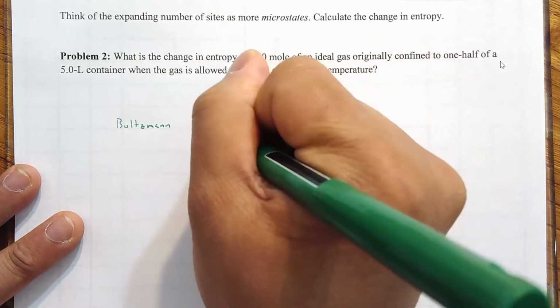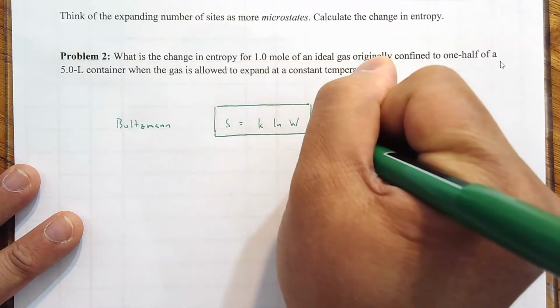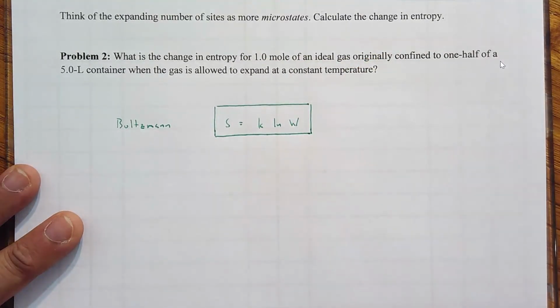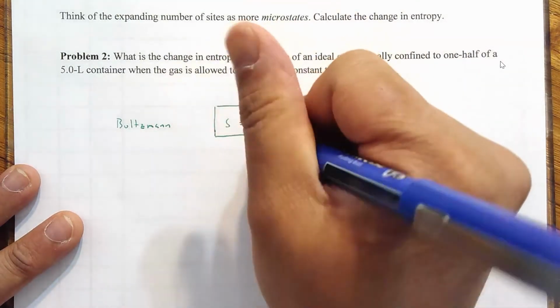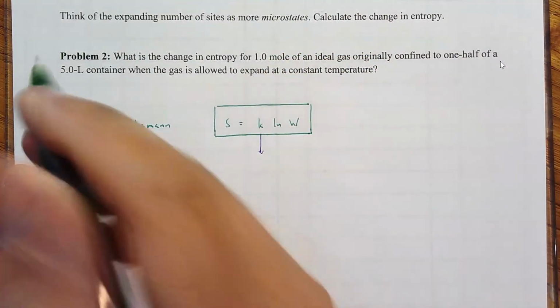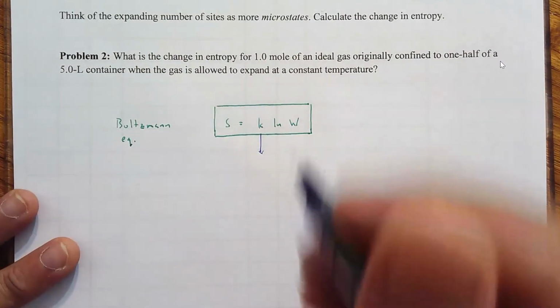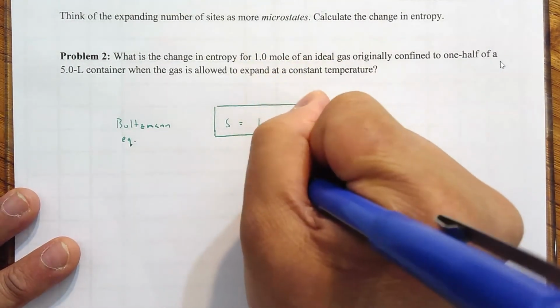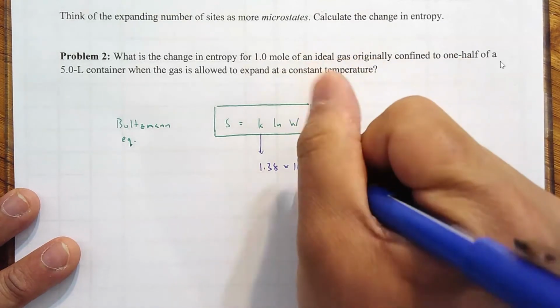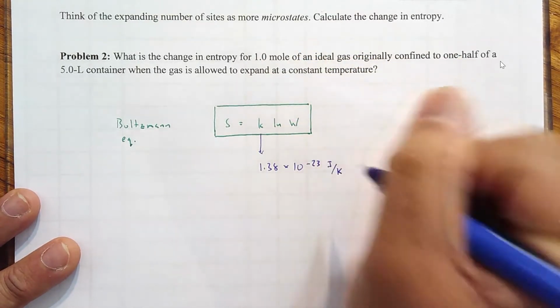There's actually something in previous videos that I have not discussed. I've definitely discussed the Boltzmann equation, and I've given the Boltzmann constant. The Boltzmann constant is 1.38 times 10 to the minus 23 joules per Kelvin.